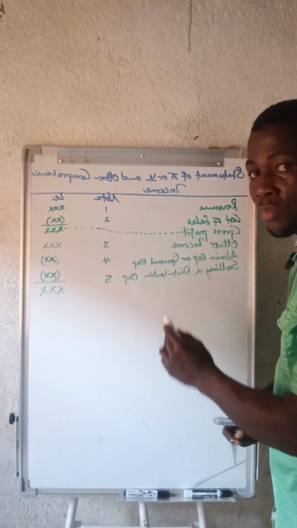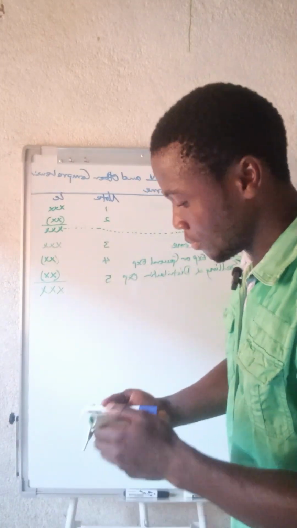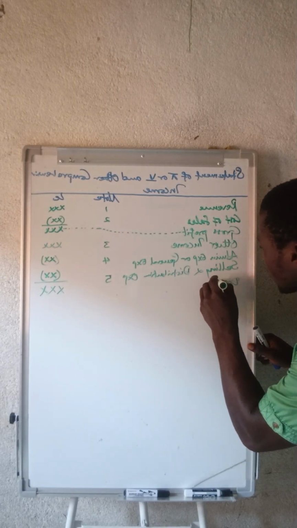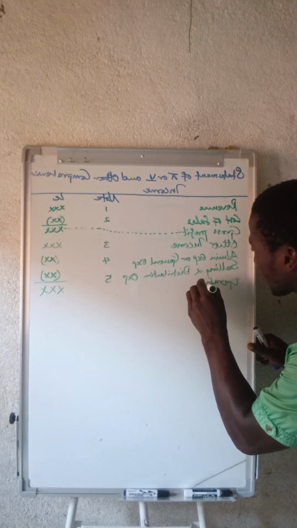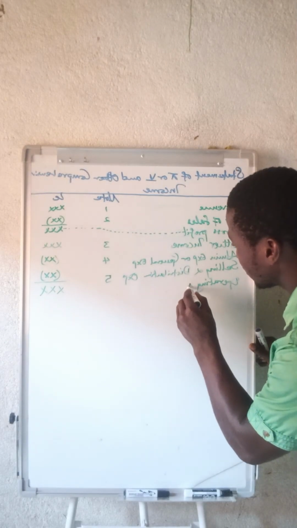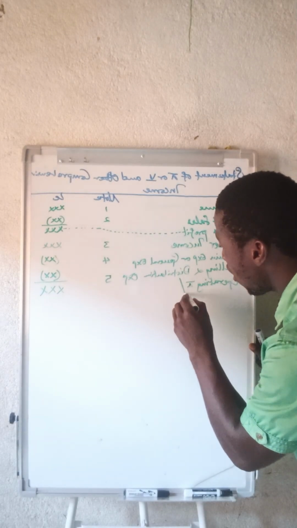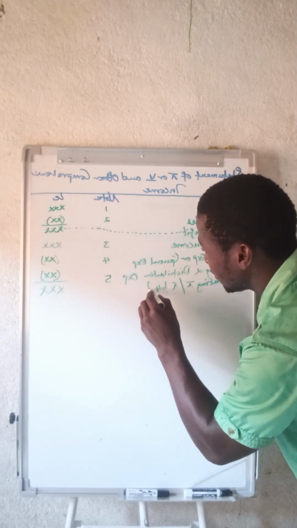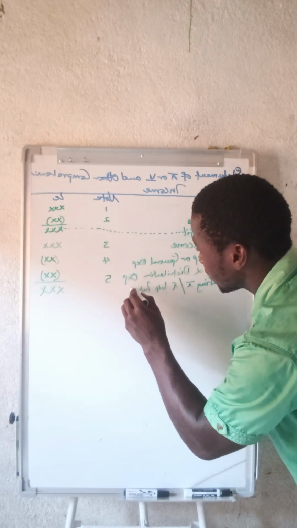We call it what? Operating profit. Operating profit, or profit before interest and tax.